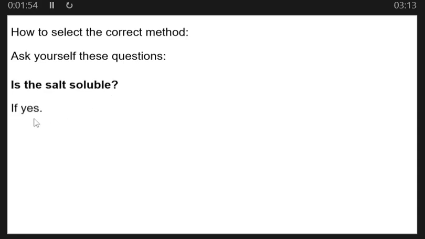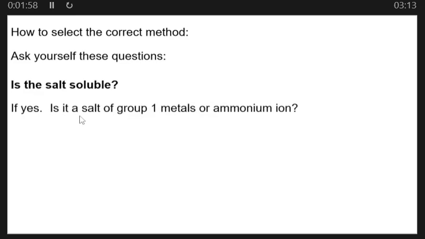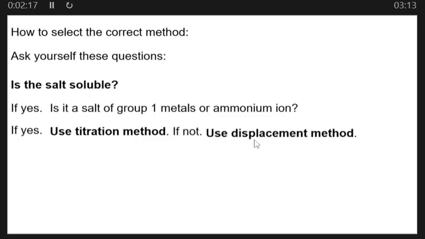If yes, then ask yourself another question: is it a salt of group 1 metals or ammonium salts? If yes, then use the titration method or neutralization method. If not, then use displacement method or filter and crystallization method.